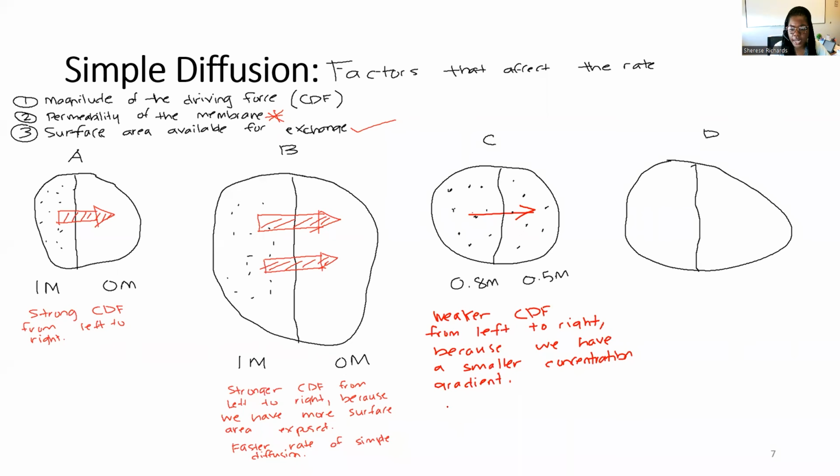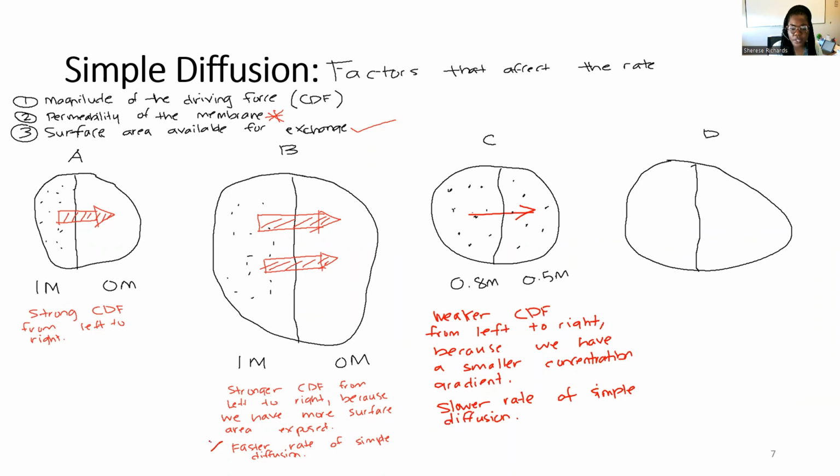As a result, we're going to have a slower rate of simple diffusion. Okay, a slower rate of simple diffusion.